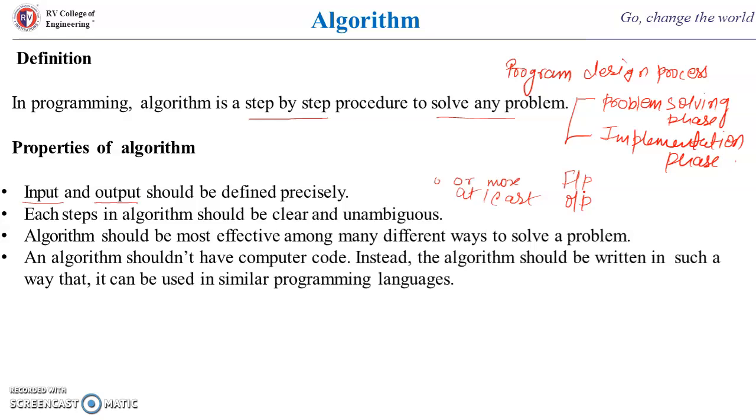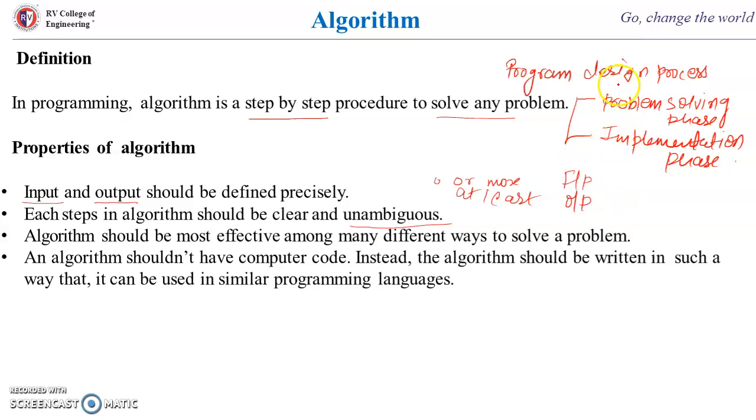So that is the first property, and then each step in algorithm should be clear and unambiguous. So unambiguous means it should not have different meanings, and algorithm should be most effective among many different ways to solve a problem, and whatever algorithm we are writing, we should be able to convert it into some programming language, because our ultimate goal is to write a program.